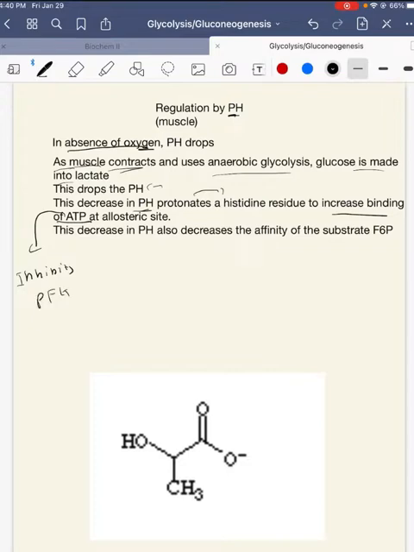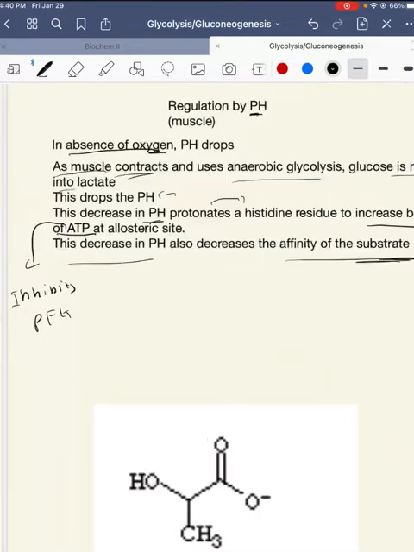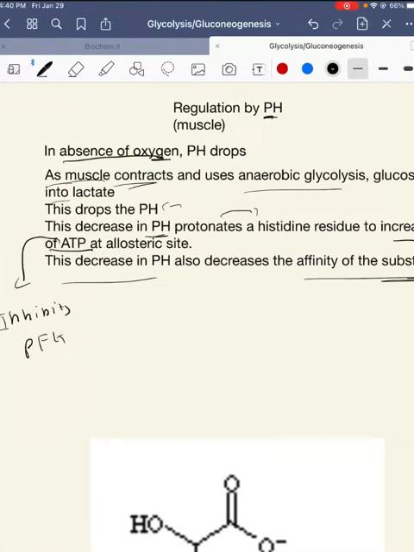This decrease in pH also decreases the affinity for the substrate fructose 6-phosphate. So in summary, when the pH drops, this tells the cell that the muscle is contracting really fast, and it slows down PFK. Just so no one gets confused, this is in muscle cells. When you have no oxygen in muscle cells, this will inhibit PFK.